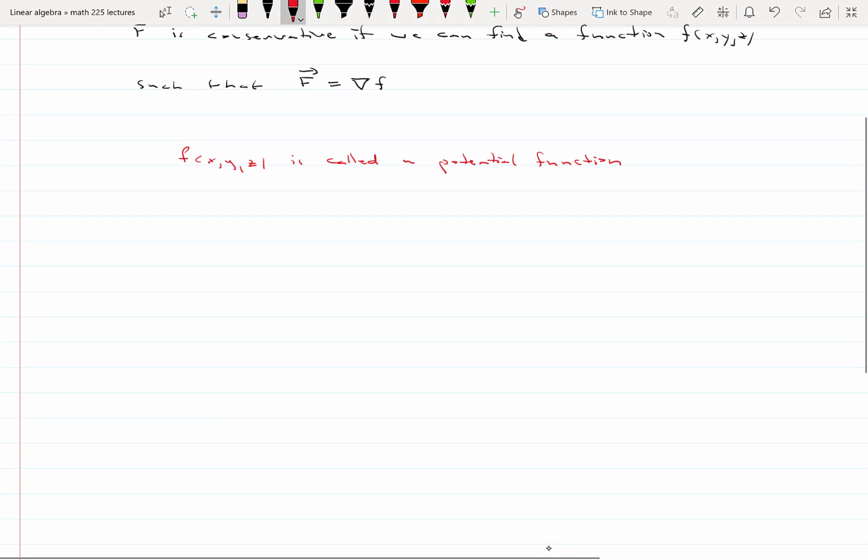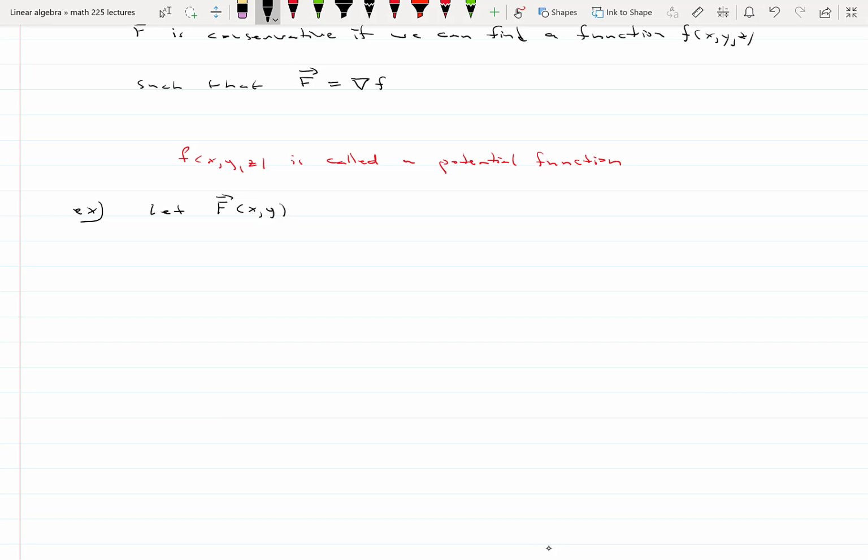So let's take a look at a specific example. The concept of a conservative vector field doesn't have to be in 3-space.